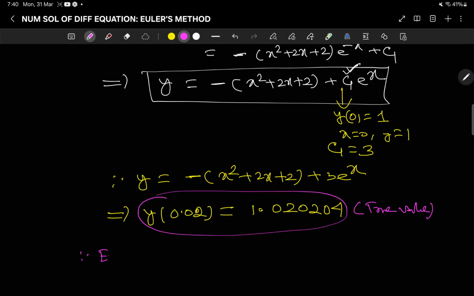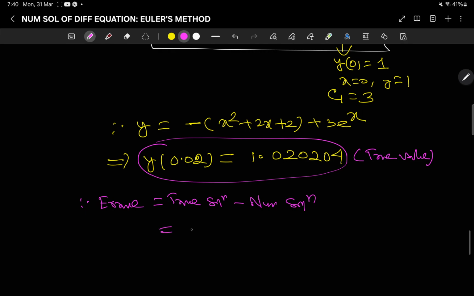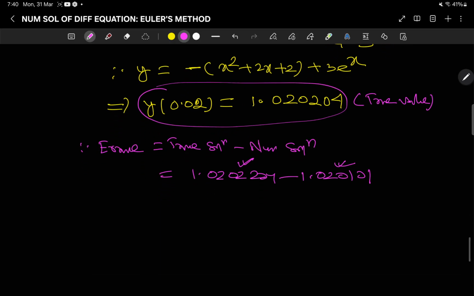Consequently, the error is the true solution minus the numerical solution. The true solution is 1.0202204 minus the numerical solution 1.020101. Whichever is larger, you take larger minus smaller, you may reverse it or take the modulus. So it will be 0.000103. So this is the error.